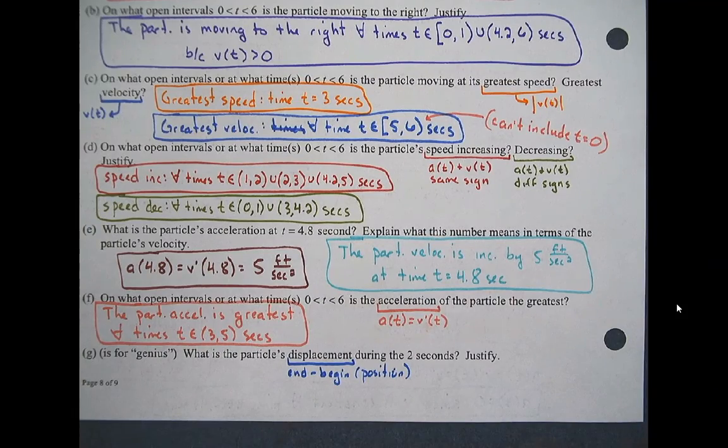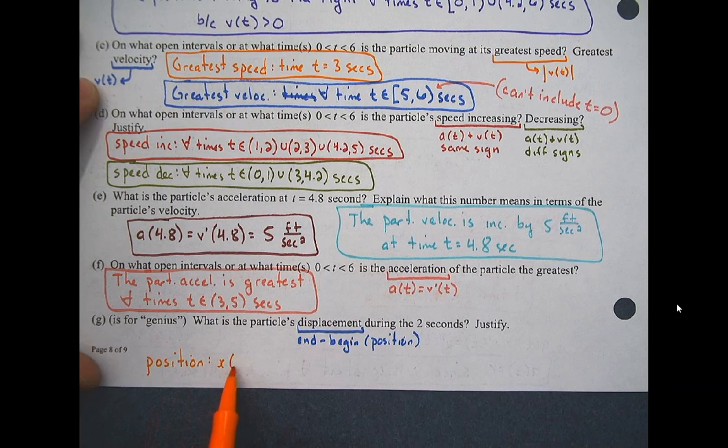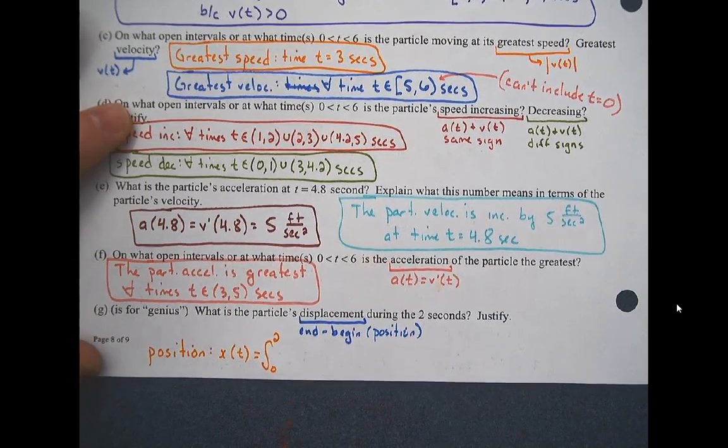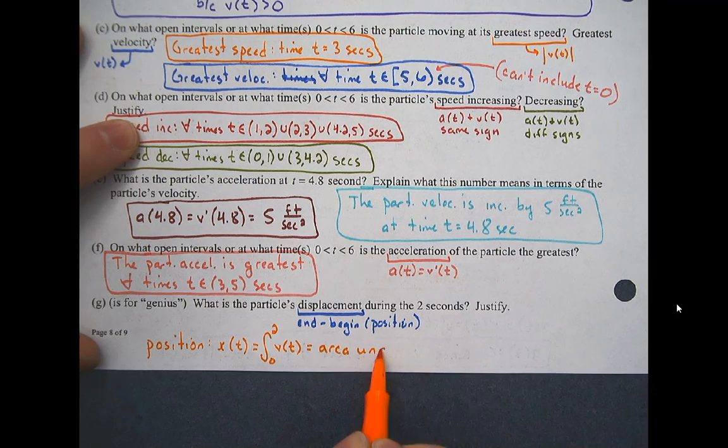So if I go down here to the bottom, let's write ourselves a little note that says position x of t is equal to the integral from 0 seconds until 2 seconds of v of t, which is the same as the area under the curve.